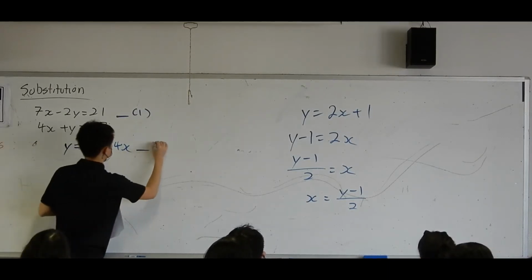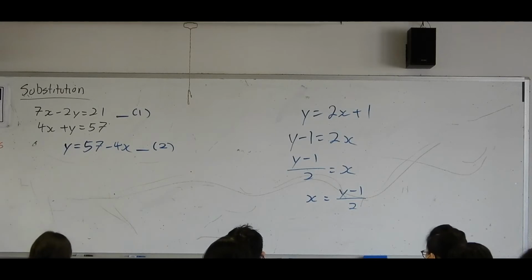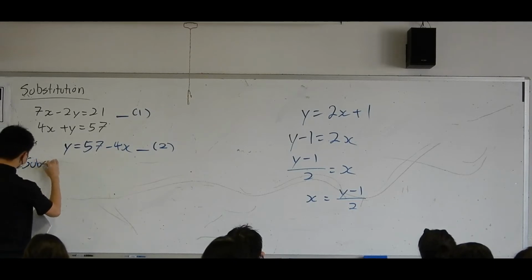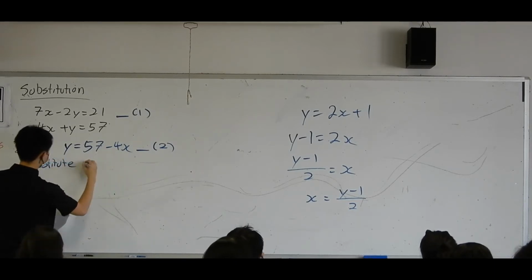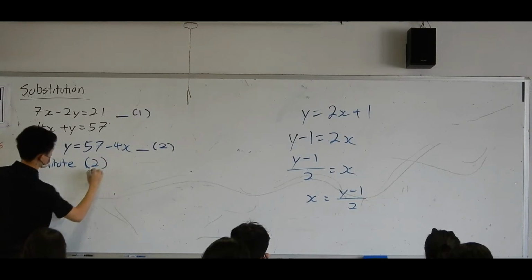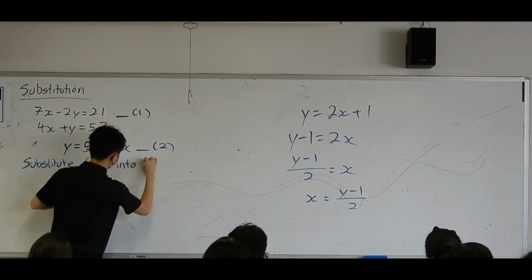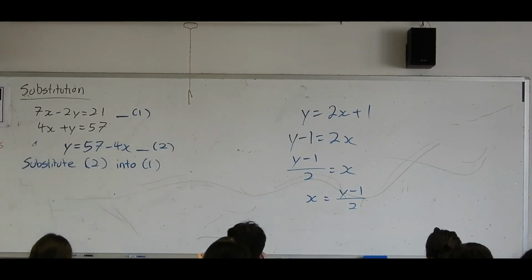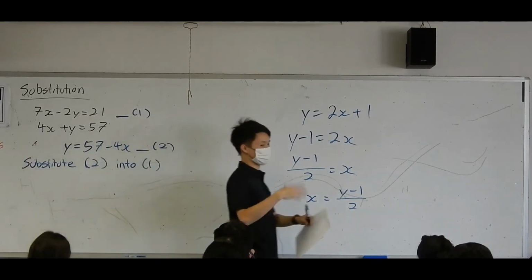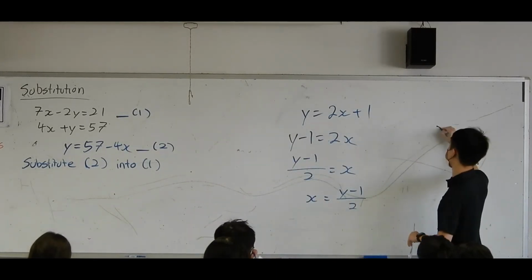This will be my second equation. Okay, so equation 2. Now, with that being said, I will substitute. So this is where substitution comes in. I will substitute the second equation into the first equation. Something you have done in the elimination method. Remember in the elimination method, you always find x already or find y. You have one of the variables already.